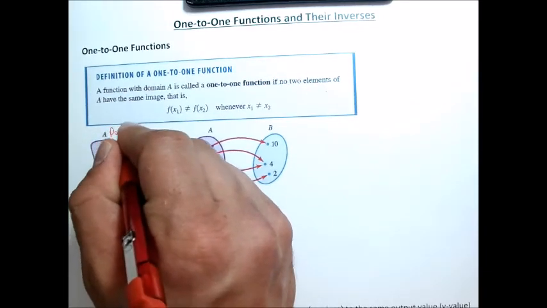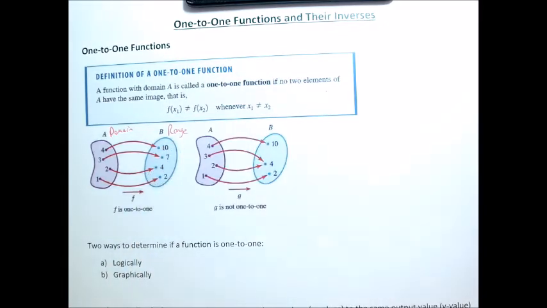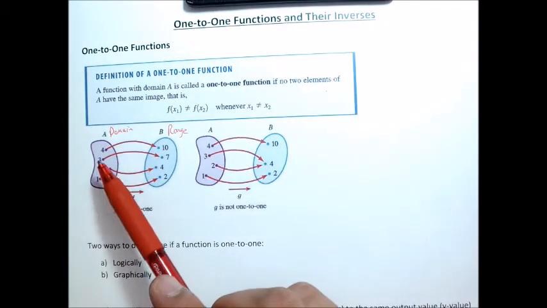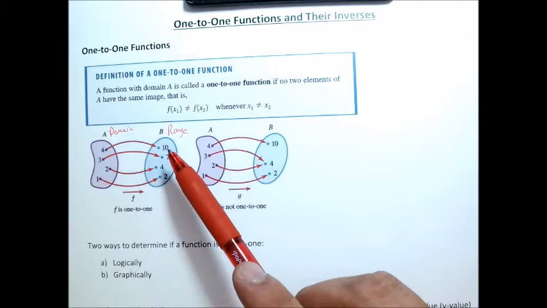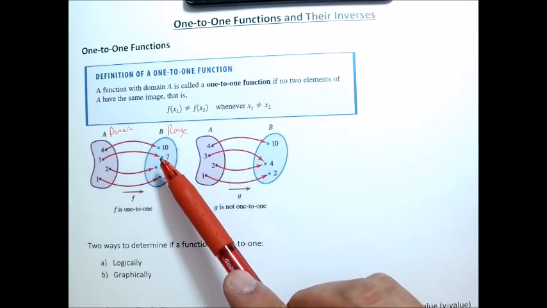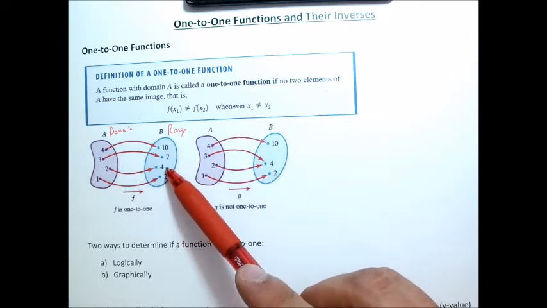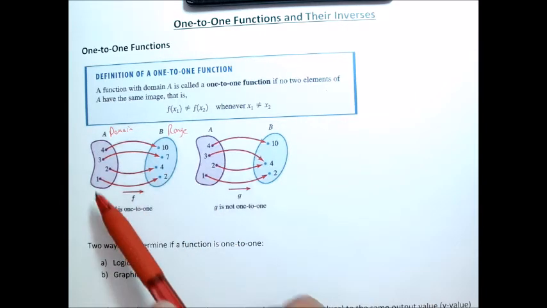We've got our domain as A and our range as B. And you can see that everything in the domain is going to its own value in the range. Things in the range are not being hit twice by things in the domain, right?